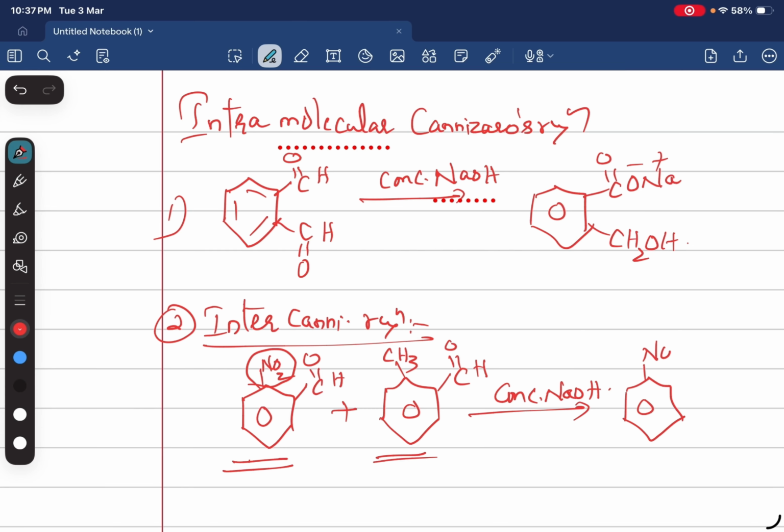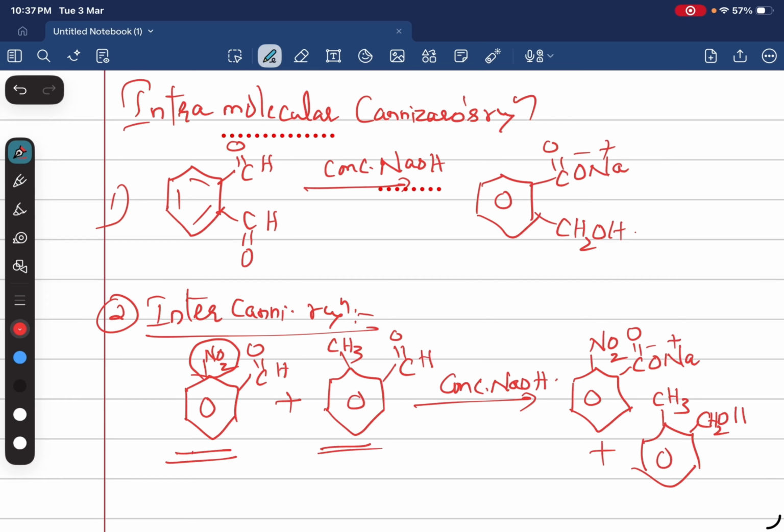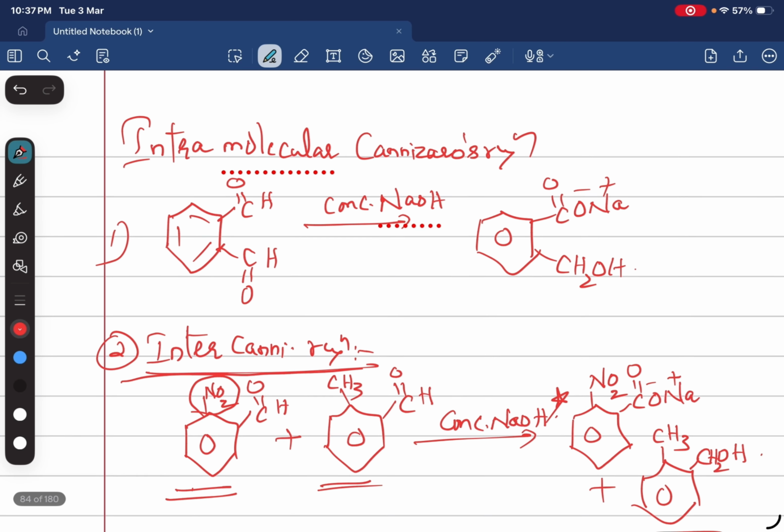So NO2, COO, Na, and along with this we get CH3 CH2OH, because the CH3 group is an electron donating group or plus I group or hyperconjugative group, so here alcohol is formed, here acid is formed. That's nothing but the intermolecular Cannizzaro reaction. This is nothing but the intramolecular Cannizzaro reaction.